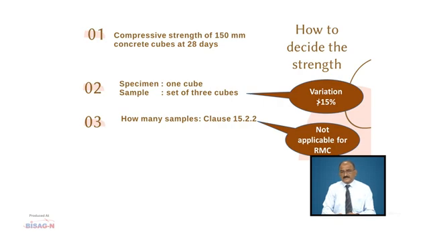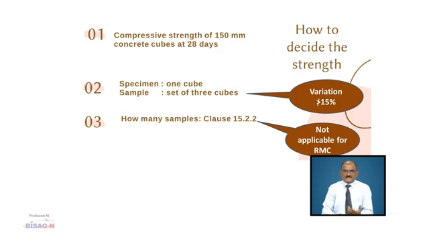That also with the restriction that when these 3 cubes are tested, the variation shall not be more than 15% from the average. If any of these 3 cubes has a variation of more than 15%, that particular cube is to be rejected out of that lot for calculating the average, and you can test a 4th cube and take the average again.